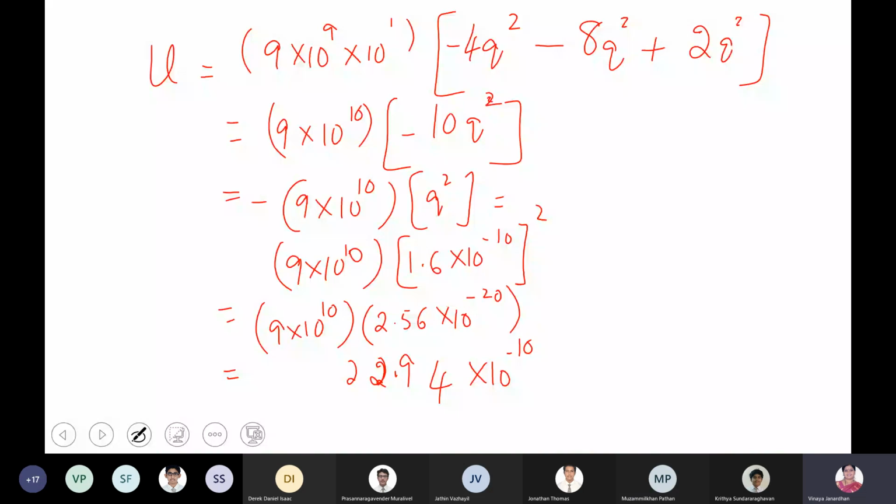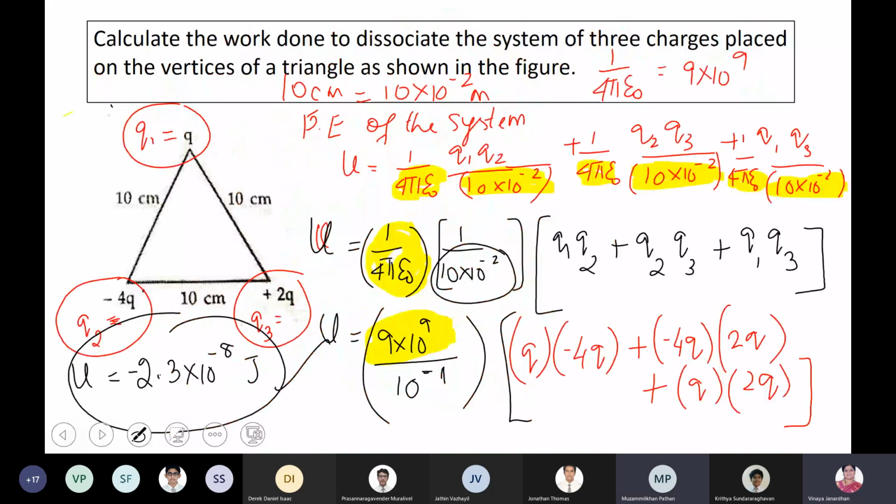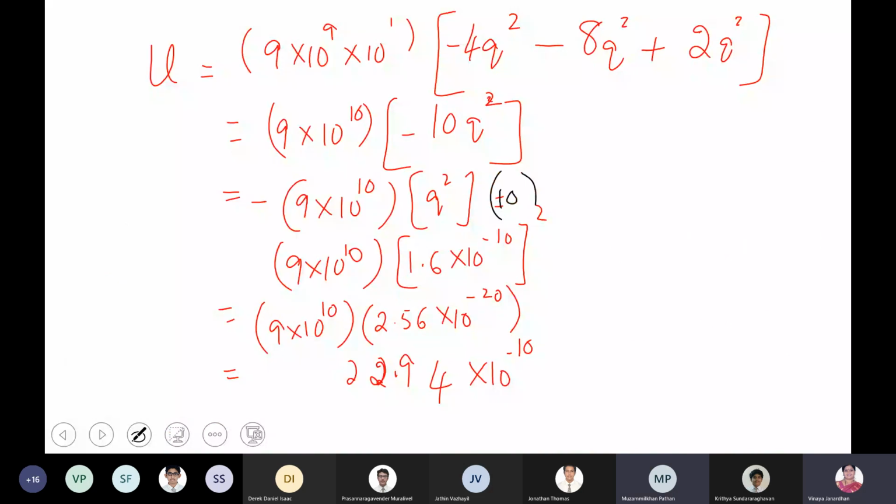One second, I'll go to the previous. This becomes 10, correct? What is the problem here? Ma'am, the answer is 23.04 × 10 raised to minus 8. Yes, I have left the 10. So shall I put the 10 over here? It'll be 9 × 10 raised to 10.